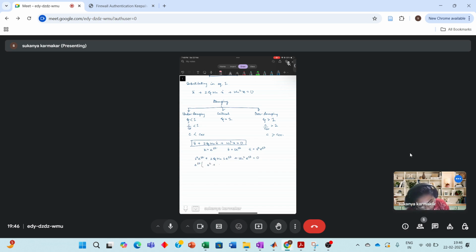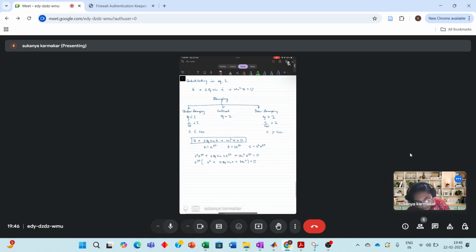S square plus 2 zeta omega n s plus omega n square is equal to 0. Again with the same explanation, e to the power st can't be equal to 0. So the term in the bracket has to be equal to 0.